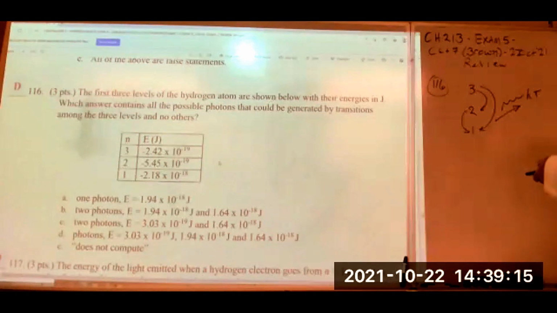If they've got the same exponents, I'd leave them alone and subtract. If they've got different exponents, I'd change one. I change this one to minus 18, change that one to minus 18. So that would make this one 0.5 and that would make this 0.2, right?